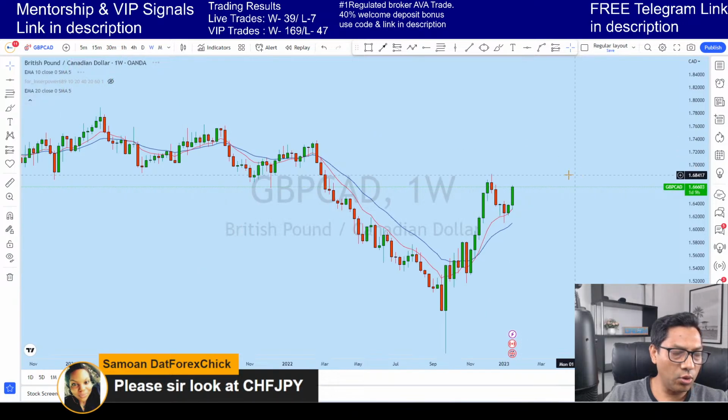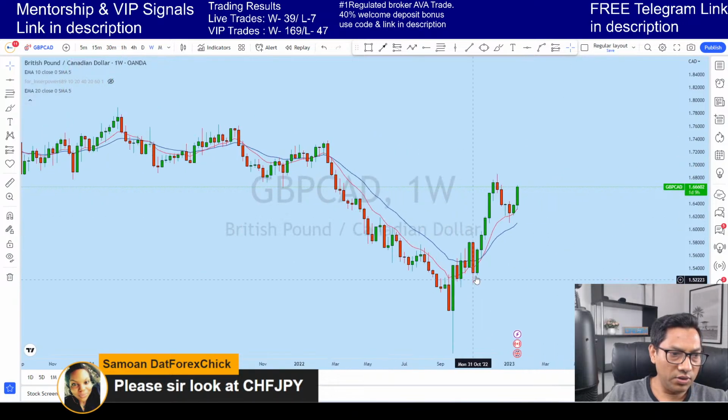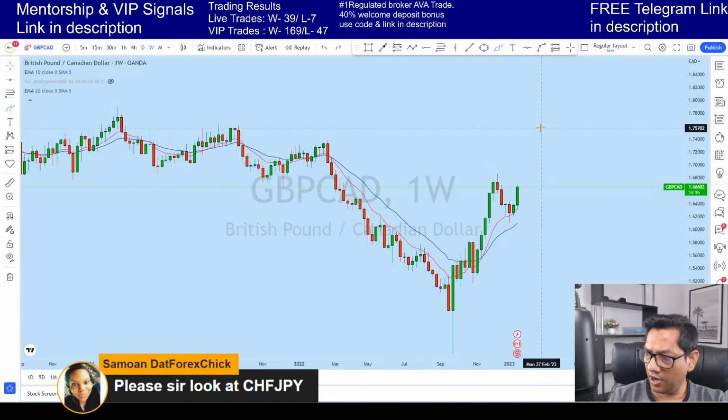Looking at the weekly, there is an impulse, correction, another impulsive phase. So currently the price moving on the weekly perspective is in fact highly bullish, and I love to trade in this kind of situation, because when an impulse starts on the higher time frame, in the lower time frame it is in fact a very good opportunity.